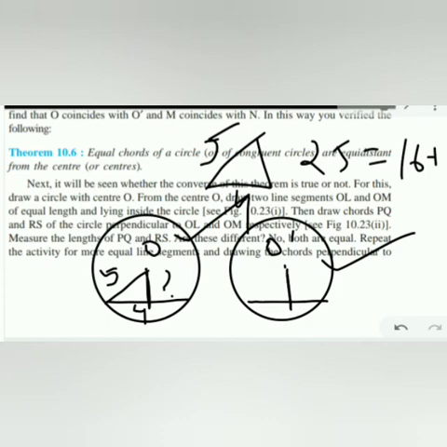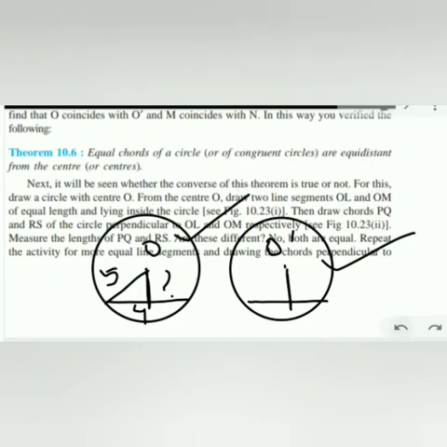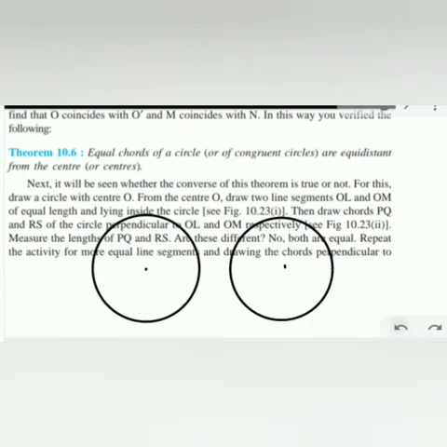If we subtract, we get the value 9, and taking the root, we get 3. So the distance from the center will be 3 centimeters, and likewise this one will also be 3 centimeters. So this kind of concept goes toward the statement that equal chords of a circle are equidistant from the center. So this is the end of this question.